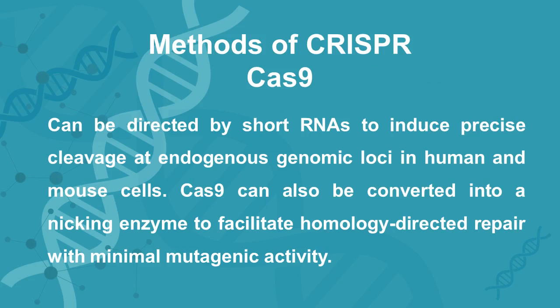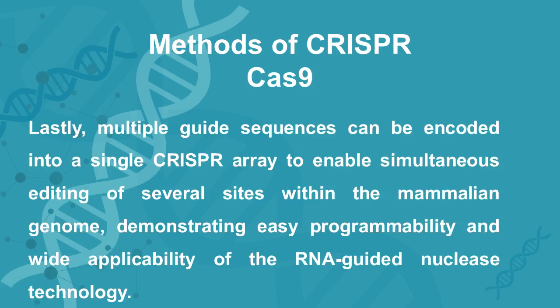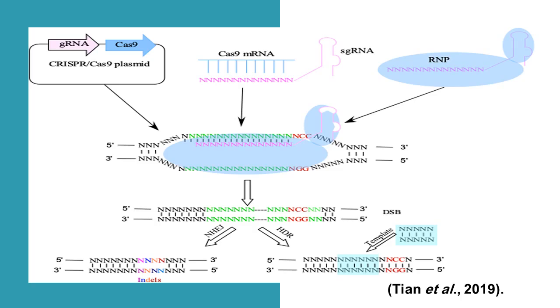Firstly, CRISPR-Cas9 can be directed by short RNAs, or converted into an editing enzyme to facilitate homology-directed repair. And third method, multiple guide sequences can also be encoded into a single CRISPR array.